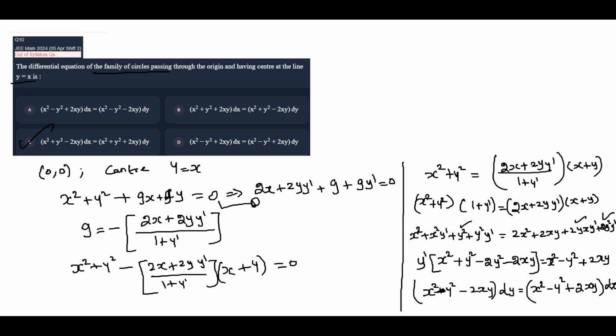Choice C. The given differential equation is dy by dx plus 2x by (1 plus x square) whole square into y equal to x into e power 1 by 1 plus x square.